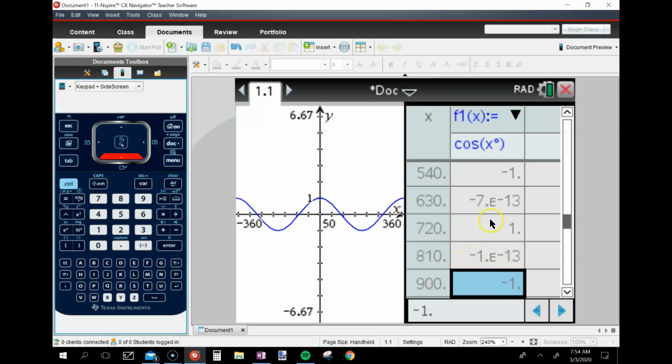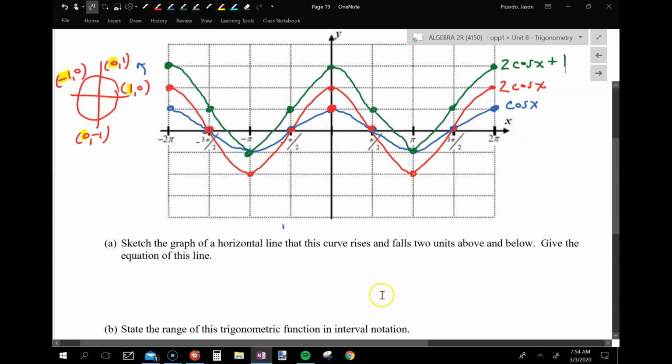This one would be -0.00000000007. It's just weird things that the calculator does, guys, which is why it's not a perfect tool, right?